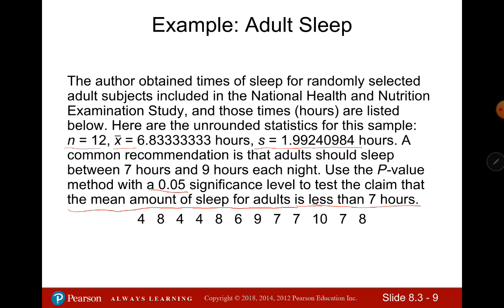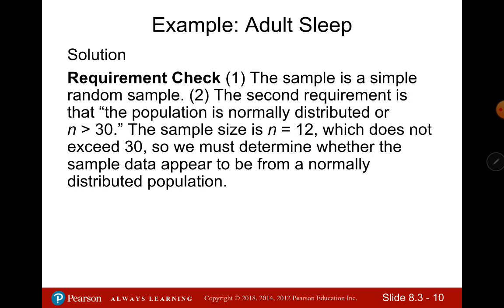So we have this claim, and in this claim we have the word mean, which means this time we're going to do a test about the mean value, the population mean mu. So we are talking about a test about mu. Before we do the test, we always need to check the requirements.